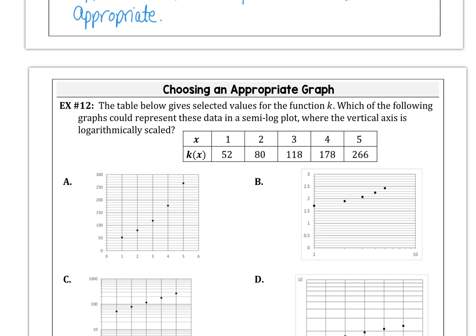So taking that into account, we could take the log of 80 minus the log of 52 divided by the change in x, which is 2 minus 1, and that would give us the slope of about 0.18708. Then I would need a b value.